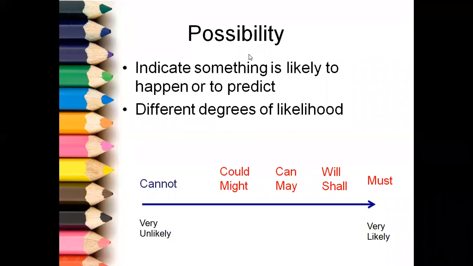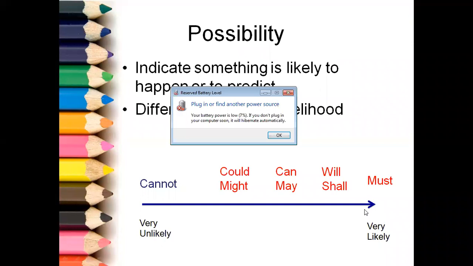So something which is very unlikely, you're talking about possibility but in a negative sense. It cannot rain today means you know 100% that it will not rain, then you use cannot. Same thing, if you are 100% sure about something that is going to happen.